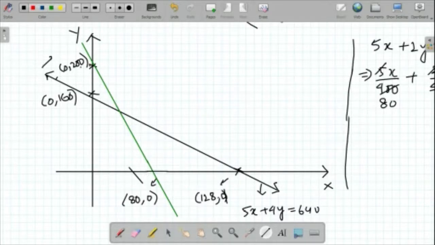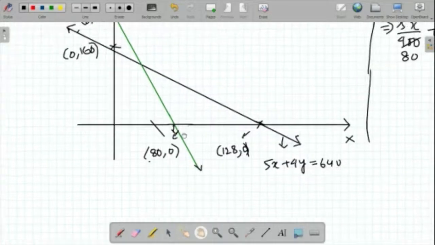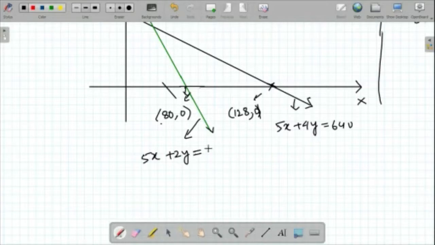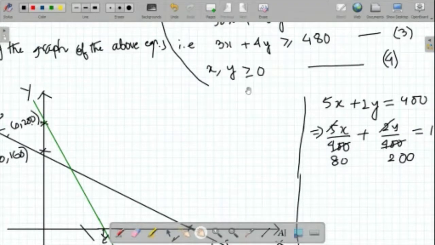This is my 80 and this is 200. And what is the equation of this line? This line is 5x plus 2y equals 400, right?